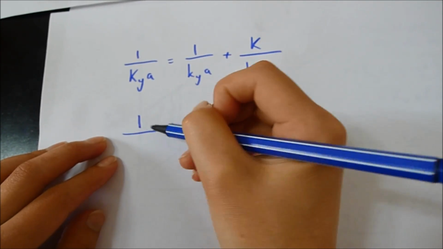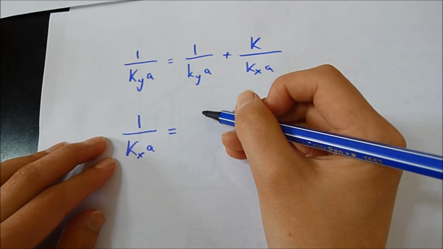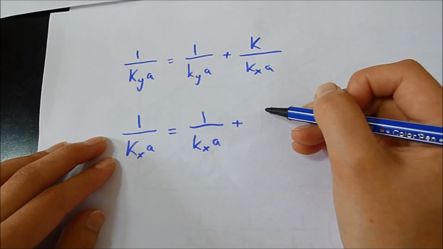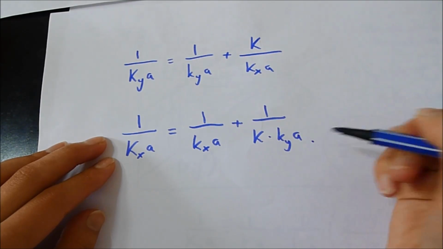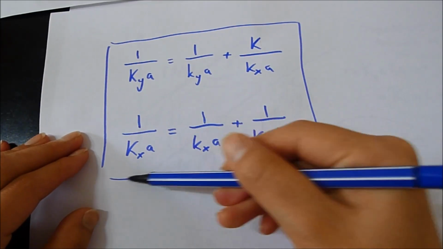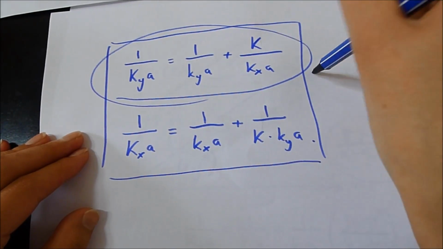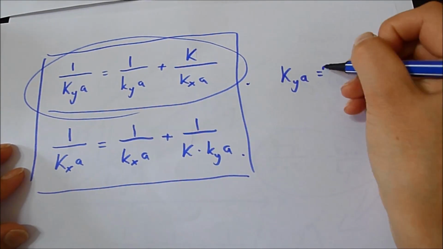The second equation will be 1 over big Kxa is equal to 1 over small kxa plus 1 over K times small kya. So this is actually going to be used in our problem now. So we need to find big Kya.